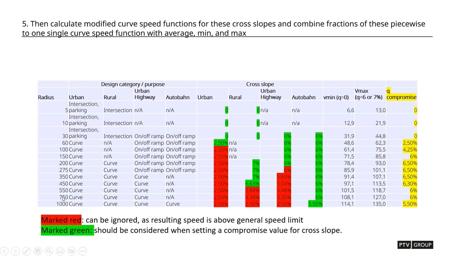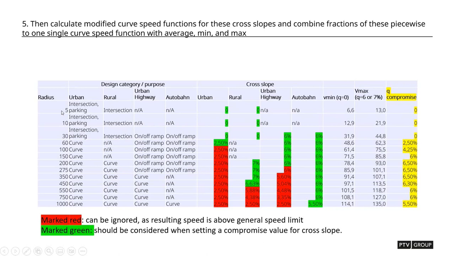So here are the radii, which extend over the full range where this new feature is effective. If a radius is larger than 1,000 meters, the feature is not active, not effective anymore. So there is no curve speed computed and no curve speed applied if the radius is 5,000 meters or 1,001 meters.